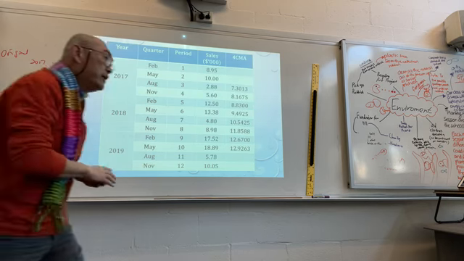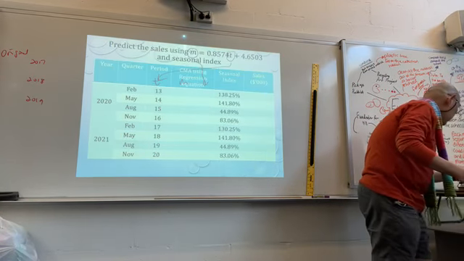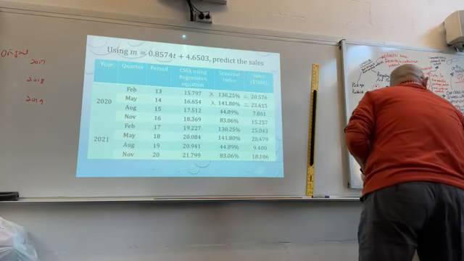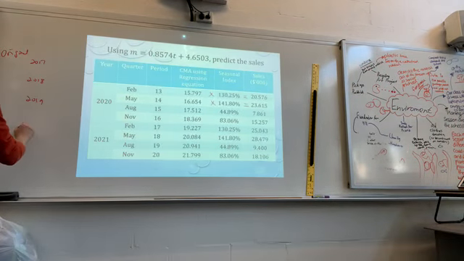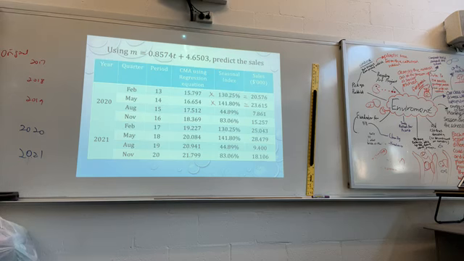Now, what we are doing is we are predicting 2020 and 2021. Here we've got 1, 2, 3, 4, 5, 6, 7, 8, 9, 10, 11, 12, 13, 14, 15, 16, 17, 18, 19, 20.